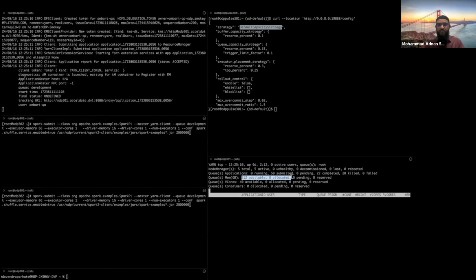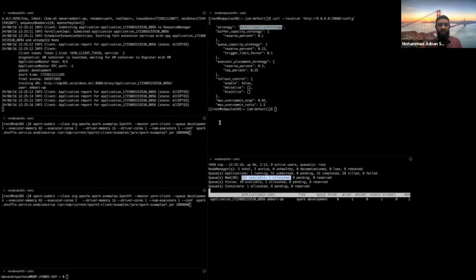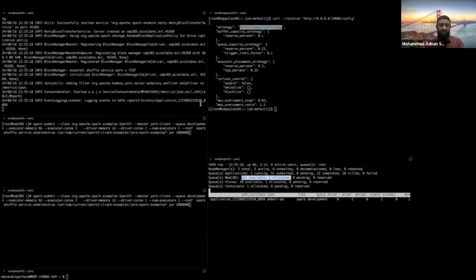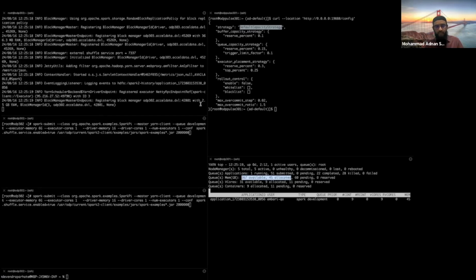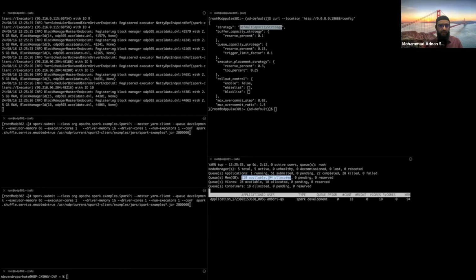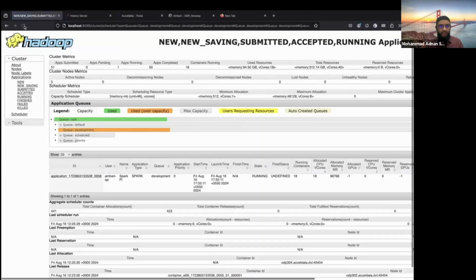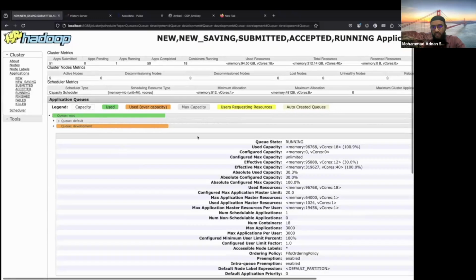But when we run the subsequent jobs, all right, this is the first job that I've run. You'll see it goes into accepted state, and then eventually into running state. Now we'll run more jobs in the same queue, requesting the same amount of memory, not to that extent, but in one executor. So here, if you see the utilization of the development queue, now it is 100% utilized.